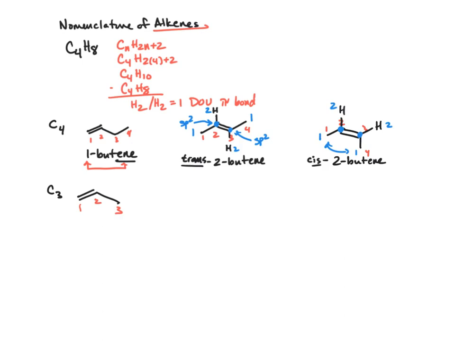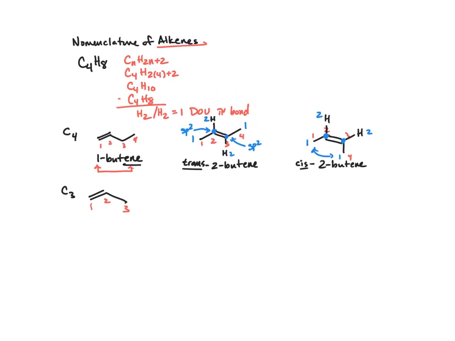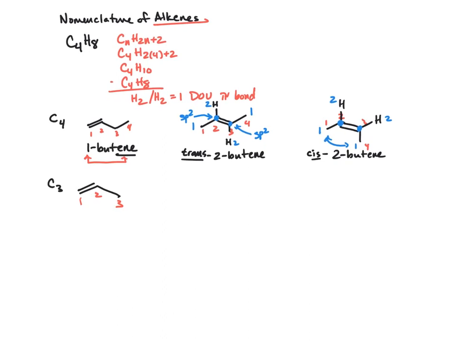And so now we still have that last remaining carbon. And really, there's only one place we can put it at this point. We can't put it at carbon 1 because that would make either trans-2-butene or cis-2-butene. We can't put it at carbon 3 because that would make 1-butene. So the only place we can put it is at carbon 2.